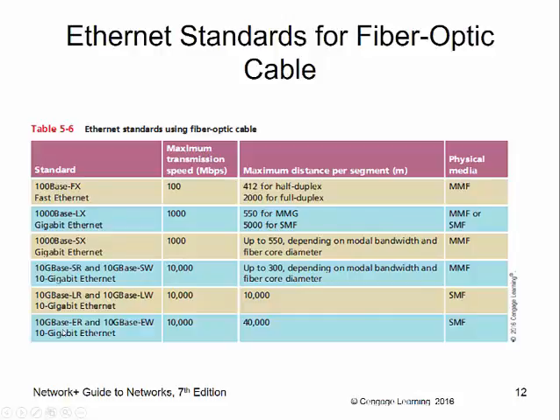And all of these, LX, SX, SR, SW, they all mean fiber. Notice my ranges, my maximum distances over here. Right? When I start getting into this 10 gigabit stuff, look at this, 40,000 meters across single-mode fiber. Going at 10 gig. That's a pretty beefy connection right there.